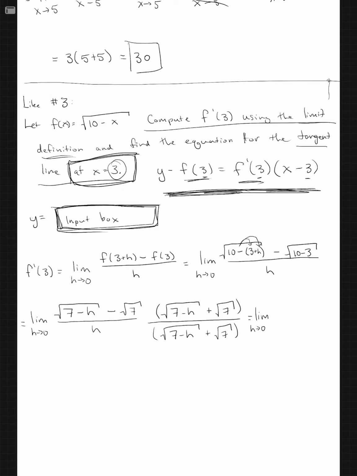Right? So the reason we multiply by the conjugate is it makes that multiplication really easy. It's going to give us the square of these two pieces, which the square of a square root is really just those guys, minus the square of these pieces. Again, the square of a square root is just what's inside.